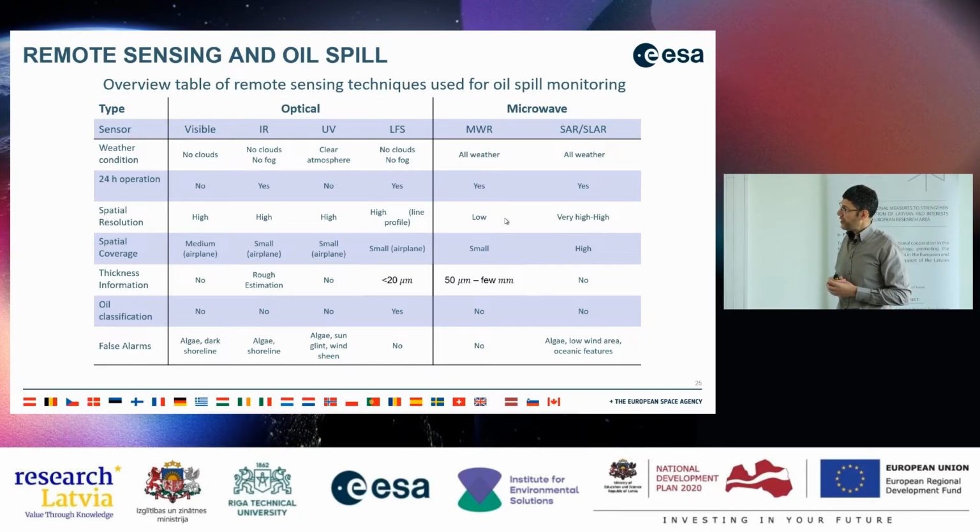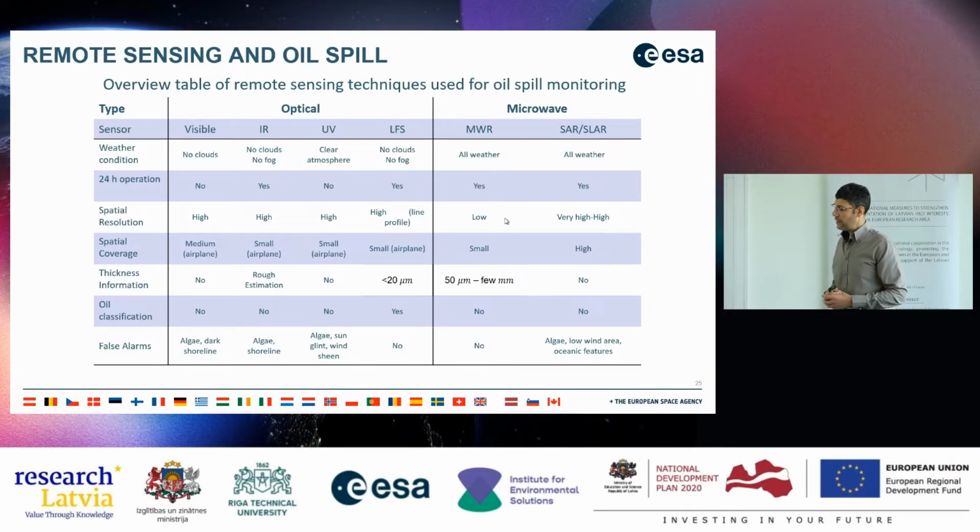And 24H operation means you can use this sensor day and night. So some can do day and night, some not. Some have high resolution, some have lower resolution. Some have small to medium to high coverage, we have seen.